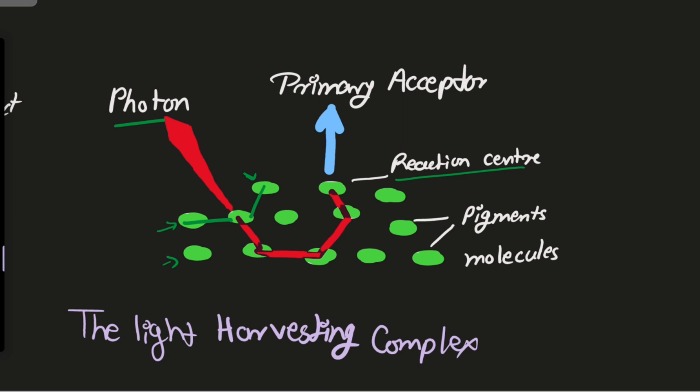Hence we call it P700. Or else PS2, reaction center PS2, has maximum absorption at 680 nanometers. Hence we call it P680.